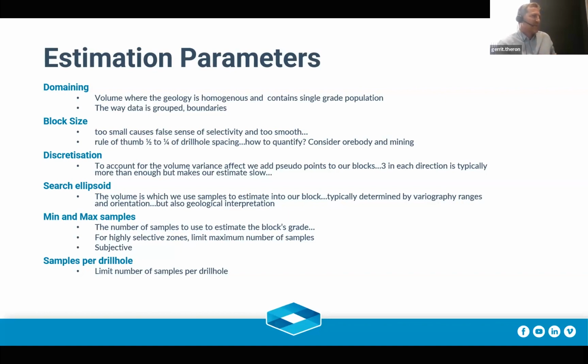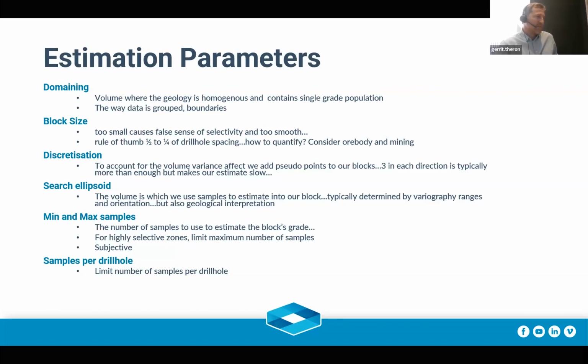Then another parameter is the minimum and maximum number of samples that we use during our estimation. What is the minimum number of samples that we use to get an estimate, and what is the maximum number of samples? A lot of people try and reduce the maximum samples.